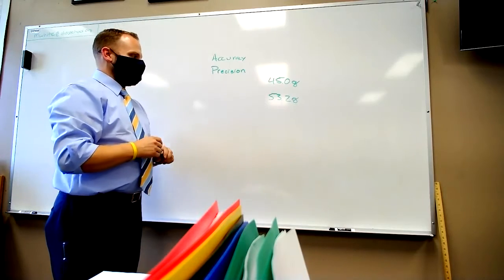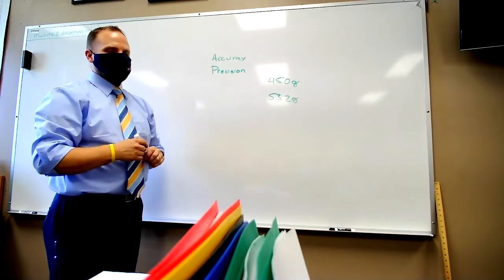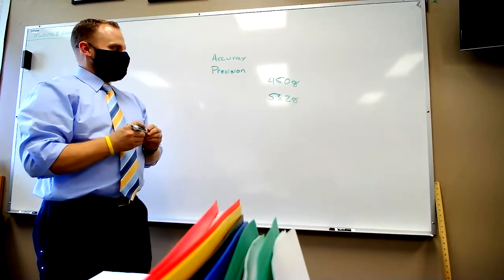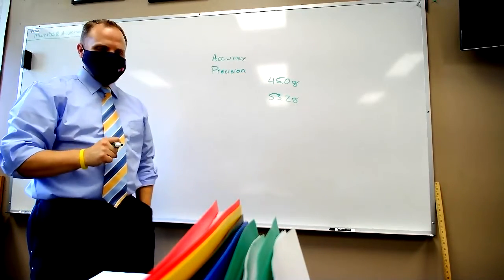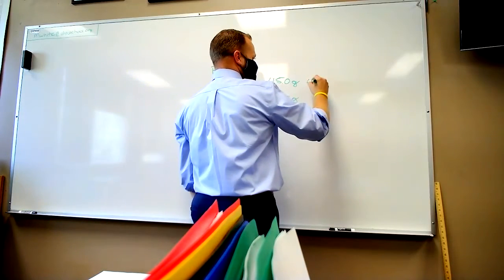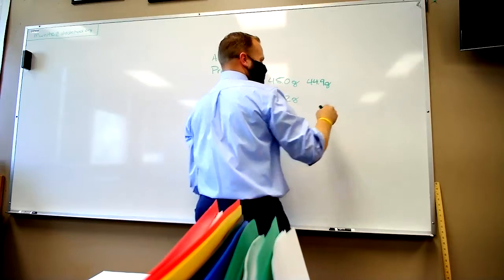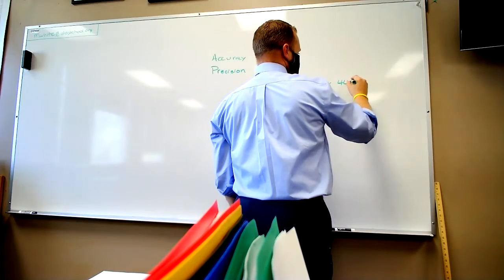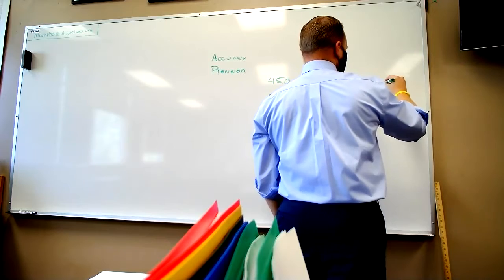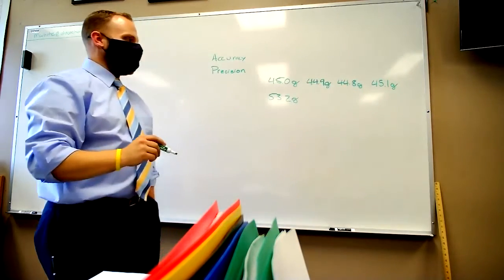Now, we've established that's not the most accurate. But if we measure that again, we measure the mass. This time we get 44.9 grams, and then we do it again, we get 44.8 grams, and then we get 45.1 grams, okay?